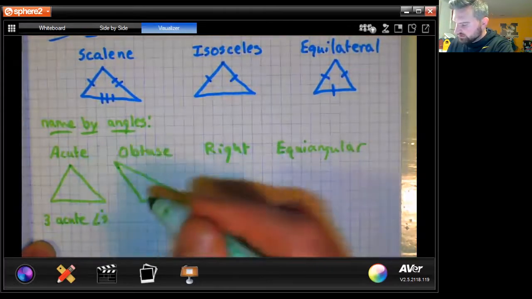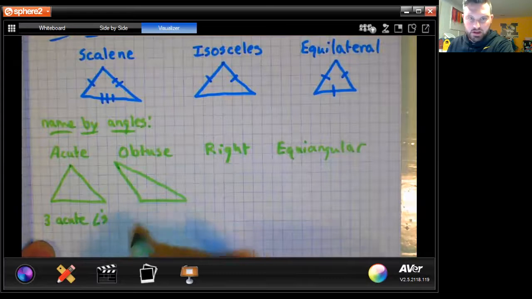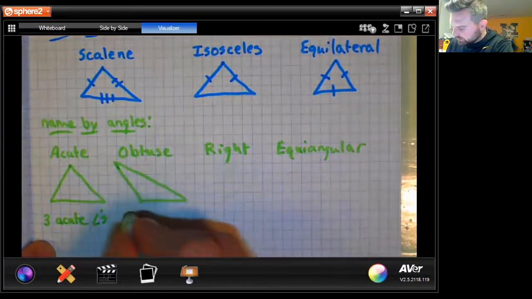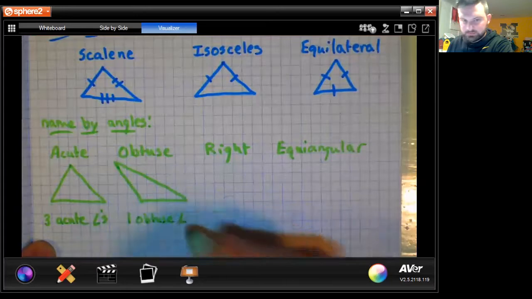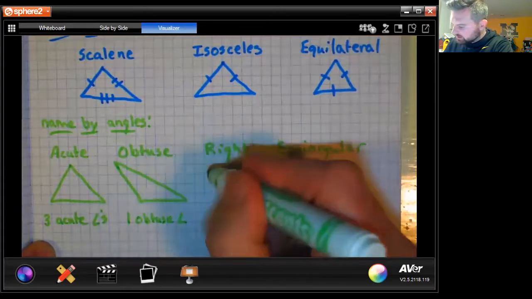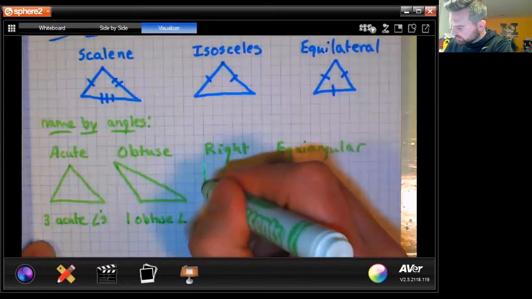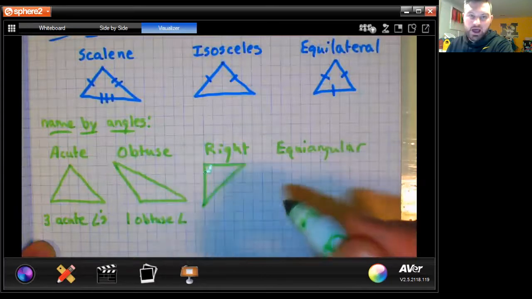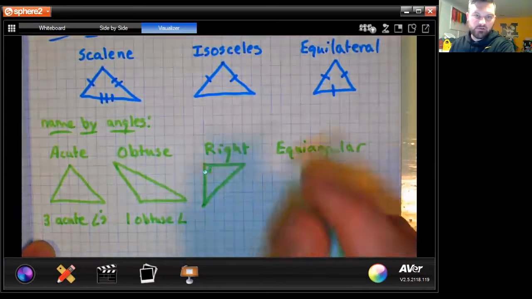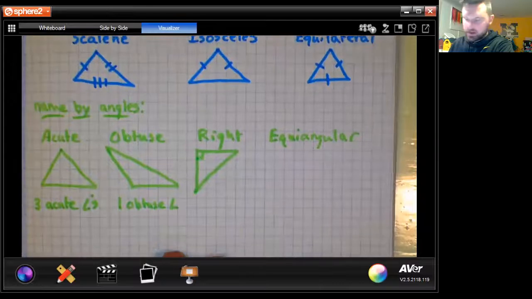A triangle cannot have more than one obtuse angle. So one obtuse angle. A right triangle has one right angle. You cannot have a triangle on a flat surface with more than one right angle.